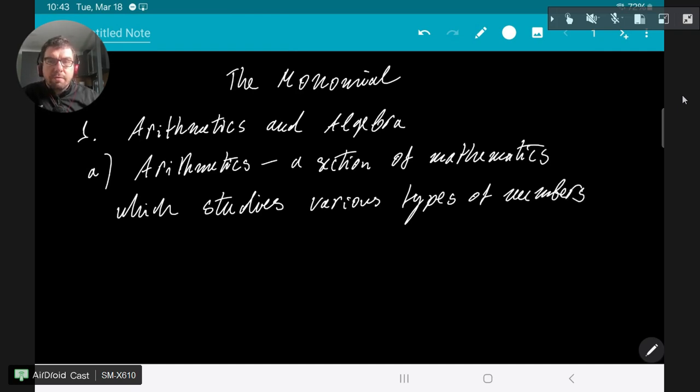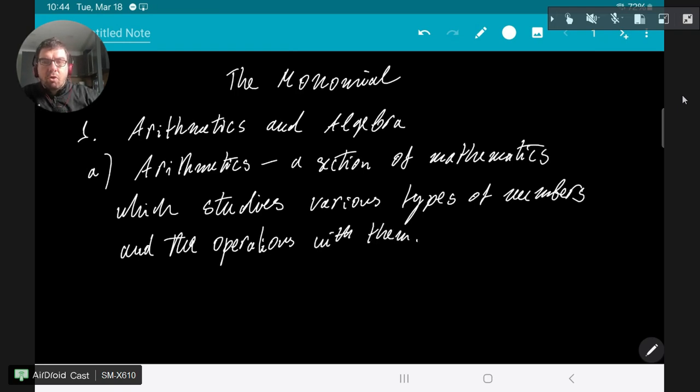You know, we have natural numbers, negative numbers, fractions. In grade 8 we'll encounter irrational numbers. In grade 12 we'll encounter complex numbers, and so on and so forth. So we have various types of numbers and the operations with them.